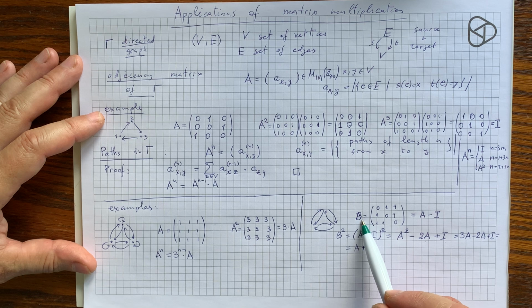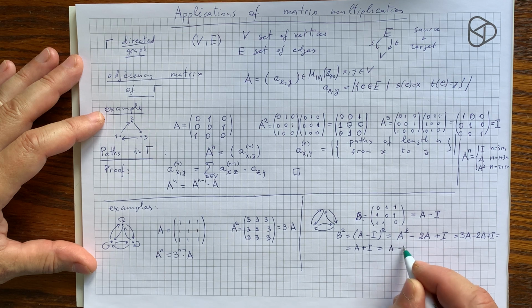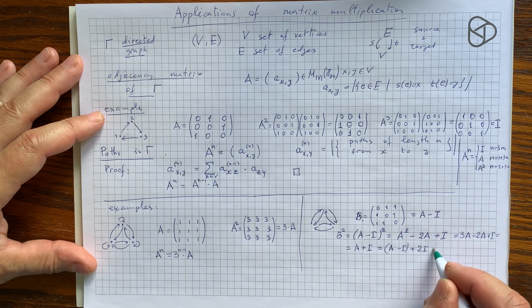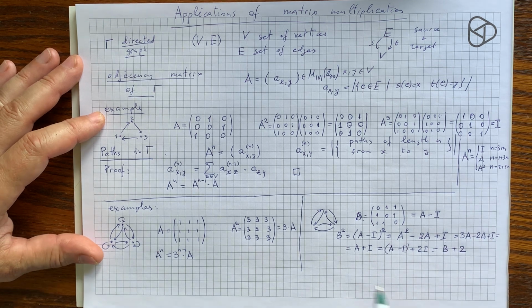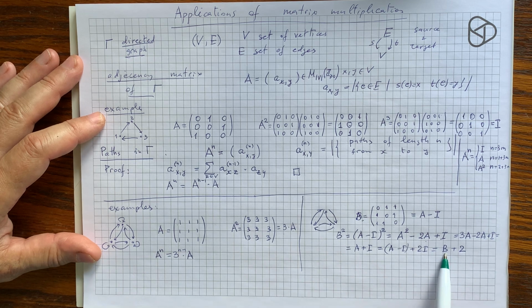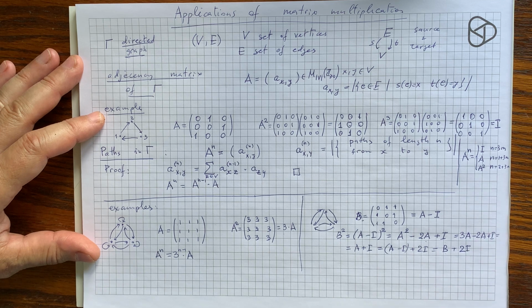But in terms of my adjacency matrix B for this graph, it will be A minus I plus twice identity, and that is what is called B now. So B squared is B plus twice the identity matrix. And that can be iterated now, computing any power.